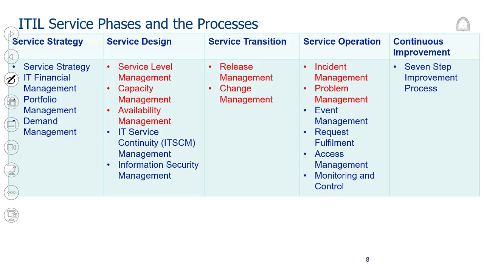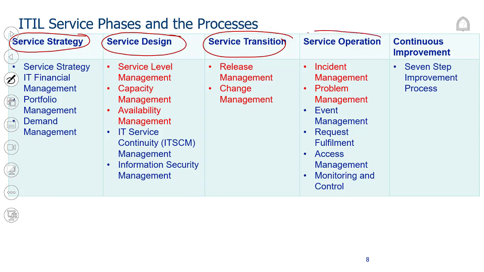We have five phases, and I've listed them in chronological order. We start with the service strategy. That's where we start, where we strategize. Then we go to the service design, then the service transition, then service operation, and then continual service improvement.